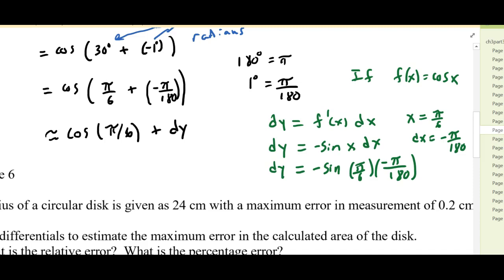The sine of pi over 6 is 1/2, so that's negative 1/2 times negative pi over 180, which is positive pi over 360.